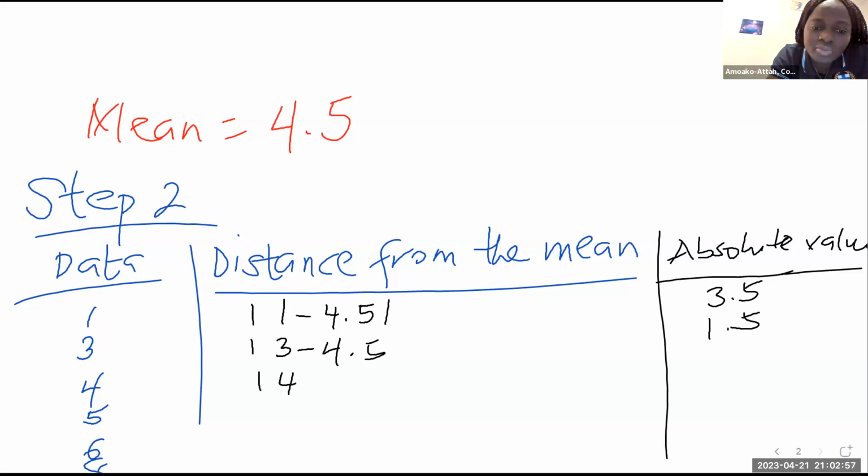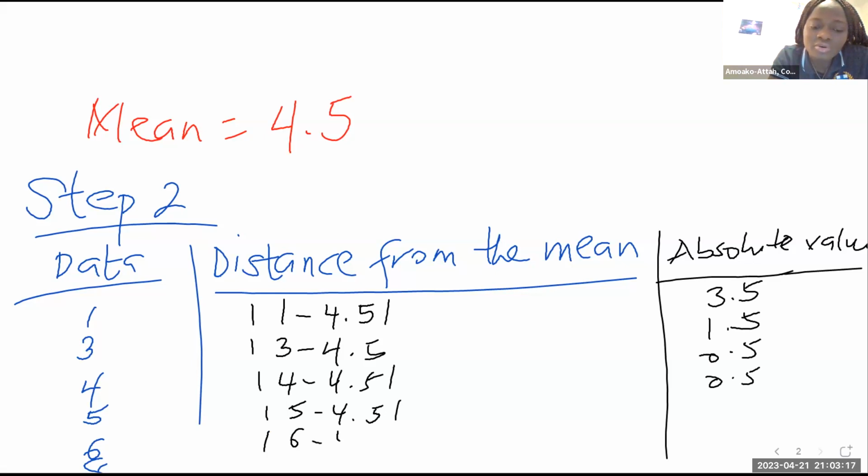We have 4 minus 4.5, you're getting 0.5. 5 minus 4.5, again 0.5. 6 minus 4.5 gives 1.5. And 8 minus 4.5 gives 3.5. Okay, so this is step 2.